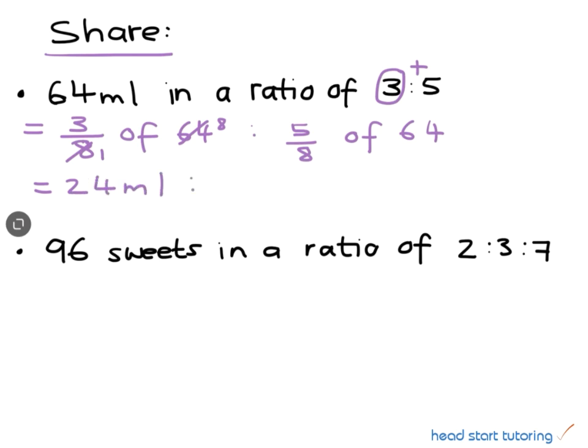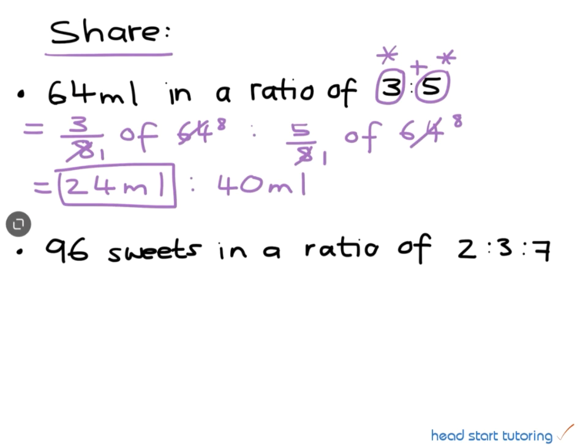And the other side of my ratio will be 8 into itself once, and 8 into 64 8 times. 8 times 5 is 40 milliliters. So the person who got the 3 will get 24 milliliters, and the person with the 5 on the other side of the ratio will get 40 milliliters.